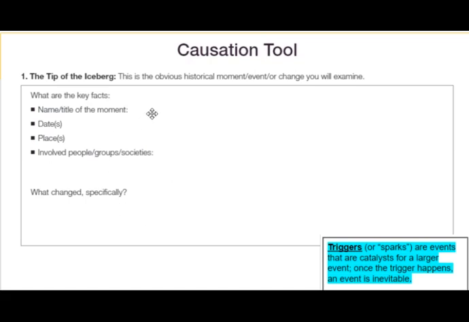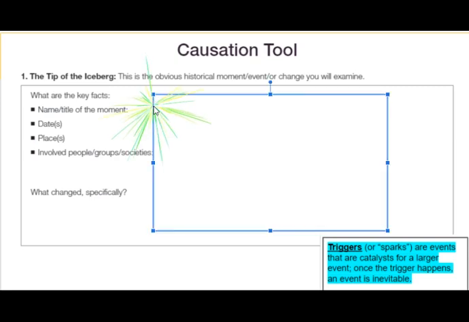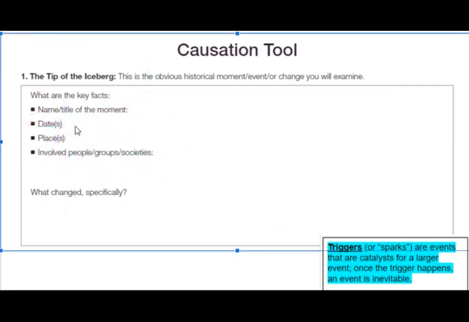You're going to have to say what was going on in history. Okay, that's about poor Alphonse the camel getting hurt. You're going to have to say when it happened, which we don't know. The place is on the side of the mountain. Involve people or groups, the people who didn't care, and Alphonse's nasty owner and Alphonse. What changed? Alphonse died of the straw that broke the camel's back. That's the trigger, right?